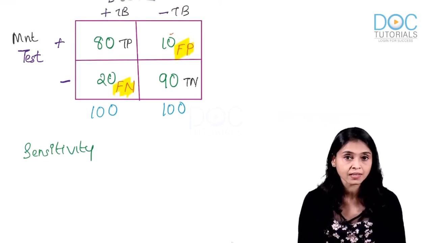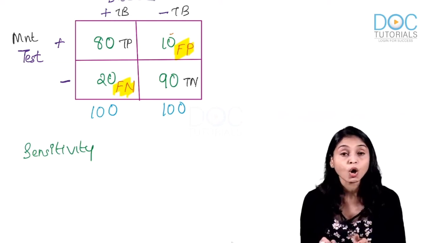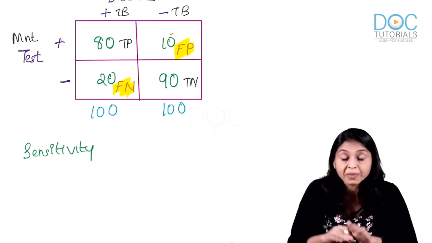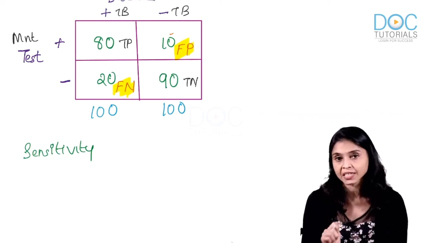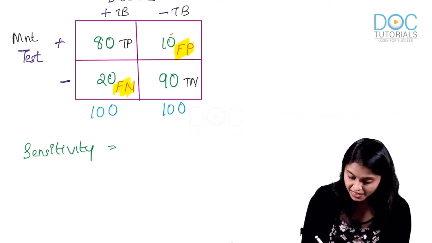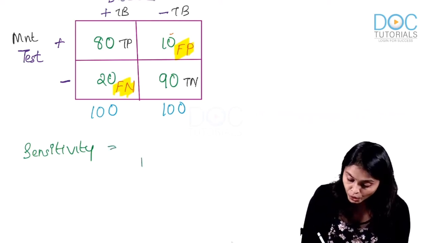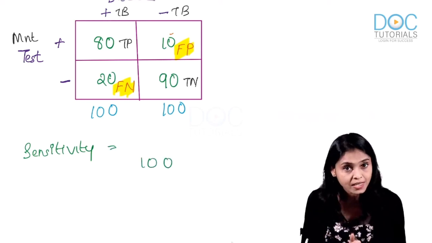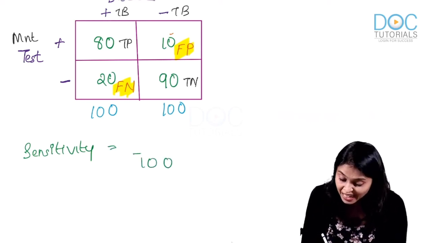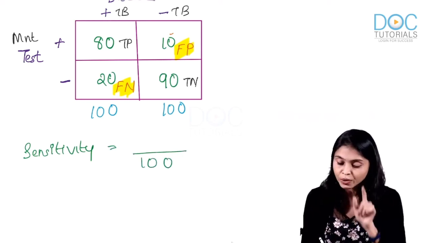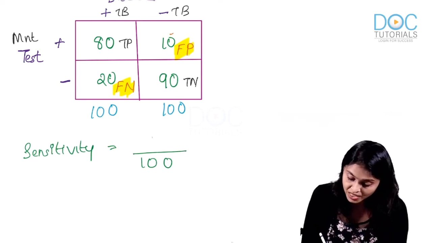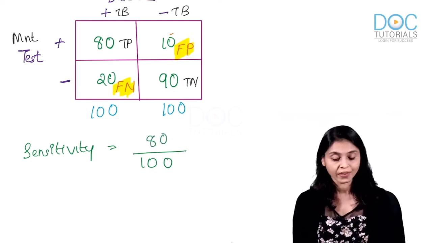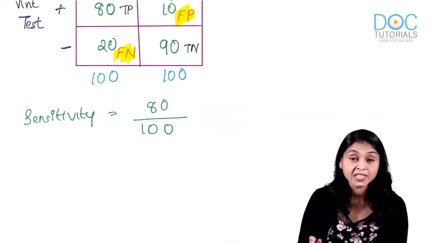Sensitivity means the ability of your screening test to detect all those who have the disease from the diseased population. So while calculating sensitivity, in the denominator, you put all those who have the disease. Among them, how many were correctly picked to be having the disease by your test is sensitivity, which is 80 here, right?